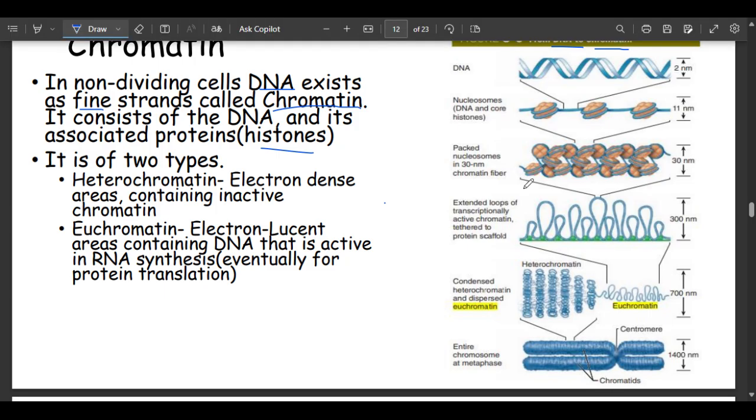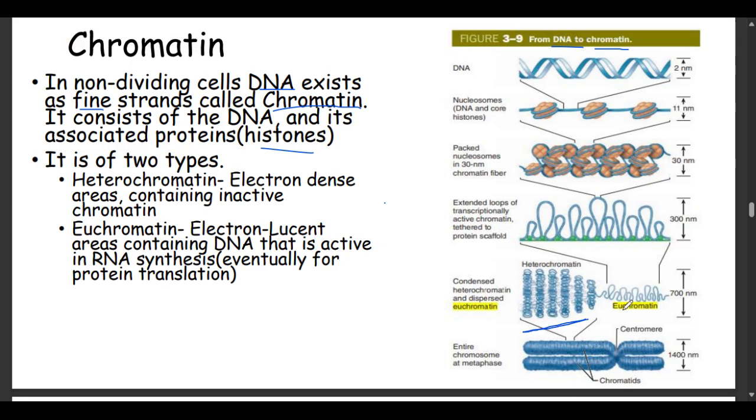That strand of double helix DNA is going to wrap itself around histone proteins, and those are going to form nucleosomes. Then these are going to further clamp together, and they're going to form a fine strand of chromatin that we are seeing here. This fine strand of chromatin can either exist as heterochromatin, which is tightly packed, or euchromatin that is still in fine strands.